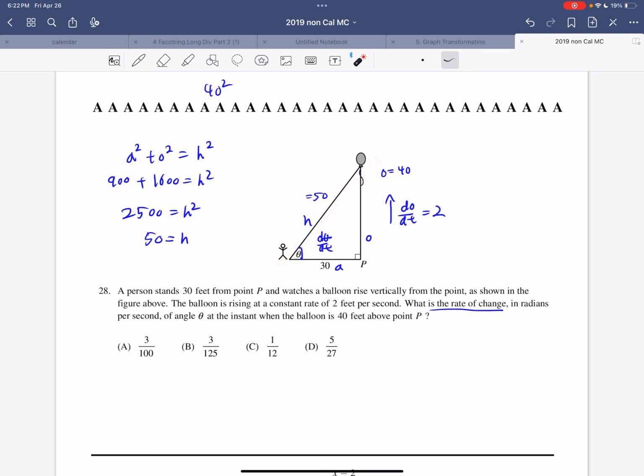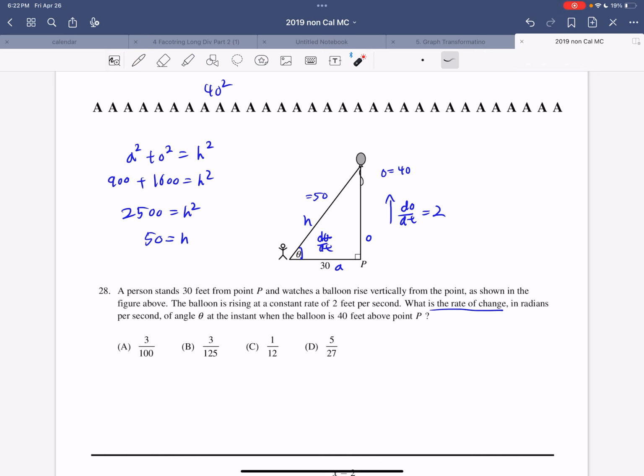But what you have to do is find d theta/dt, and the only thing that we know is this one. So we have to know the speed. Do we really need the hypotenuse? Yeah, we need it because we're going to use sine, cosine, or tangent.